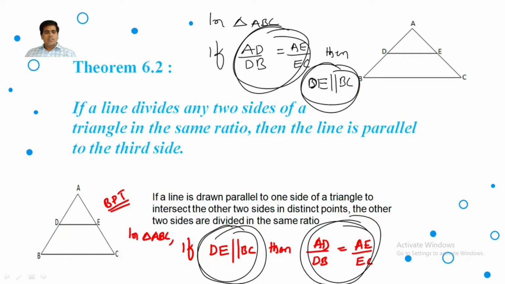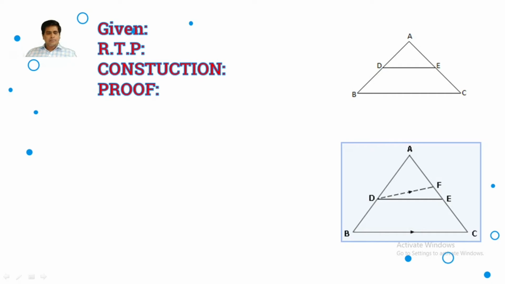I hope you understood this one. We'll move to the next point. Now we'll prove this one. What has he given in the statement? He has clearly given that in a triangle ABC, the ratios are equal: AD by DB ratio is the same as AE by EC ratio.